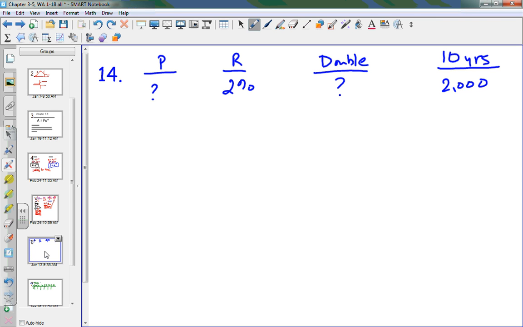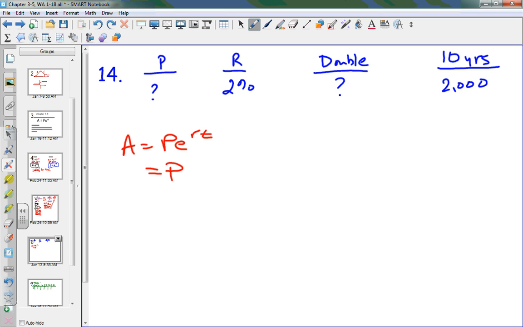We need this to double, and we need to find my interest rate, my principal, sorry. So which one do you want to find first? Principal? Or how much time it takes to double? Principal. So what do I have to do whenever I need to find my principal? Yes, but the formula I have to use is Pert. So I don't know P. What do I know?